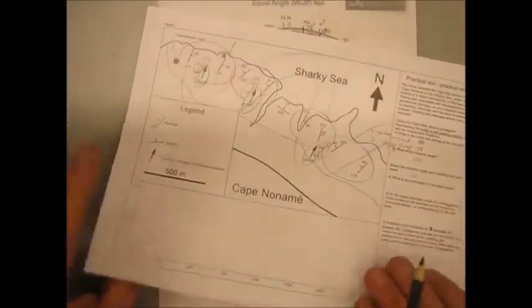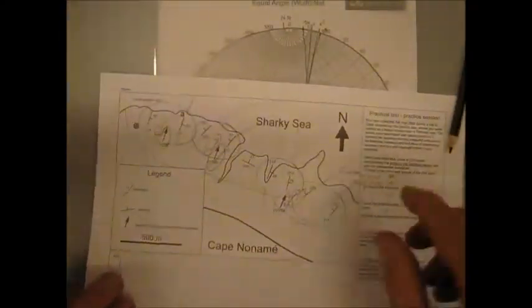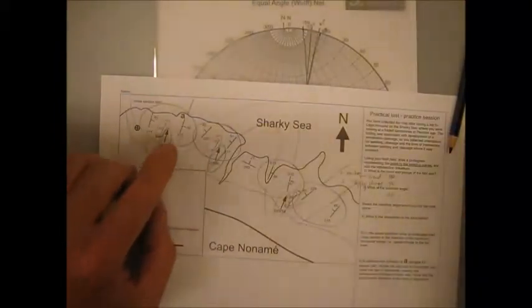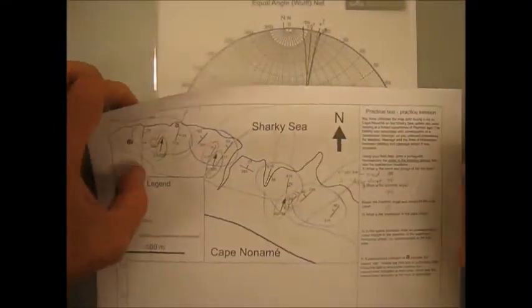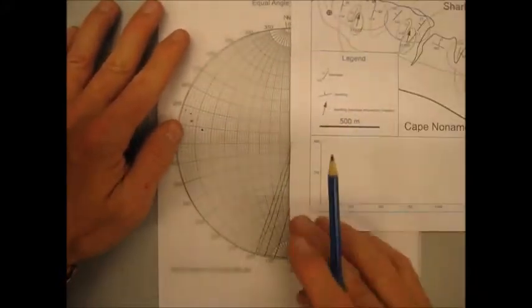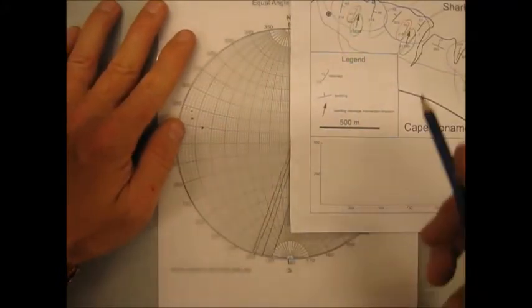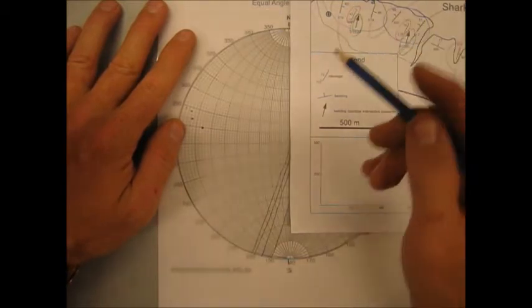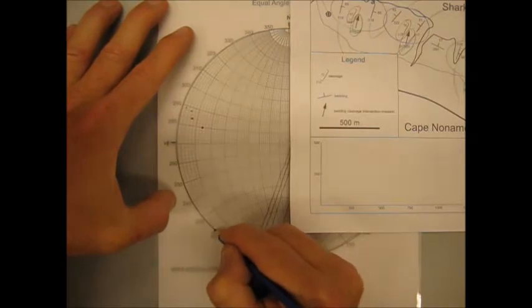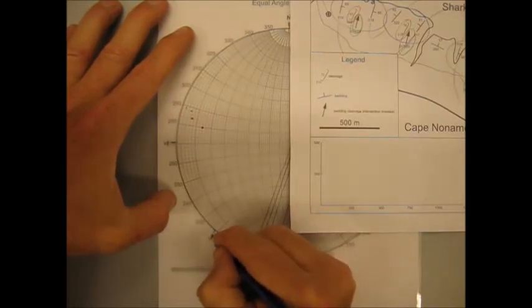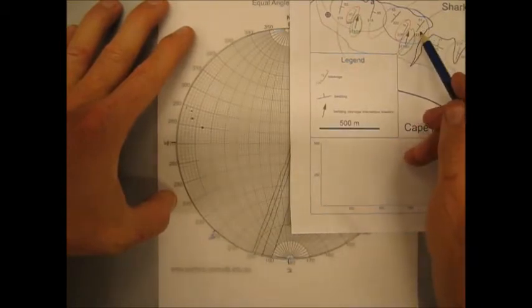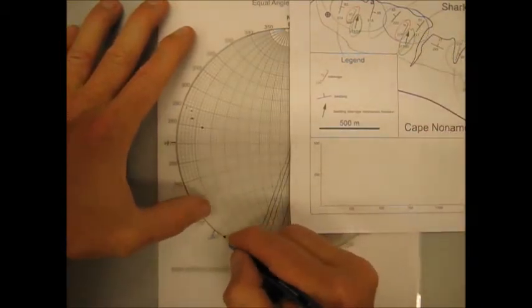So now I'm going to plot all of the west dipping limbs, which I've circled in blue. So we've got 222. Let's just mark all the strikes on. Okay, we've got one that is 222 and dipping 45. I'm just going to label that 45. And I've got 217 dipping 51.